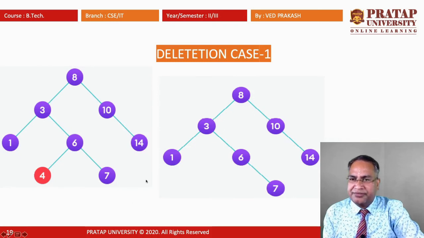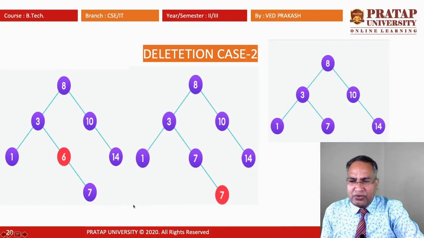Case 2 is where we have to remove a node which has one child. Suppose we want to remove the node 6. Here node 6 has one child, which is node 7. So when we remove this node, we have to follow two steps.